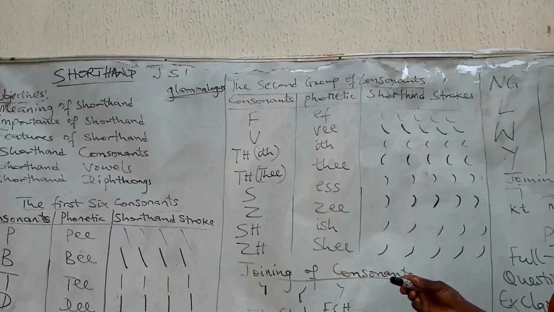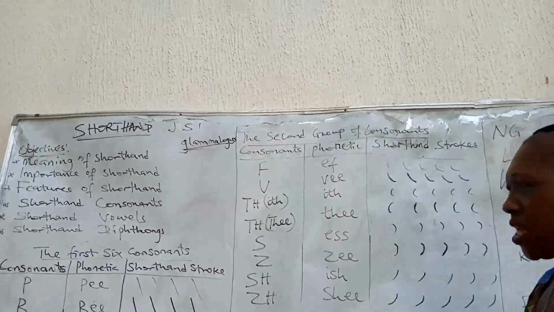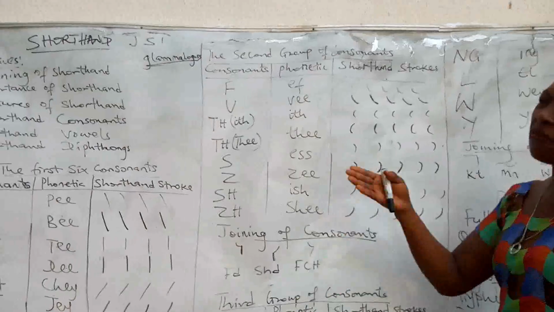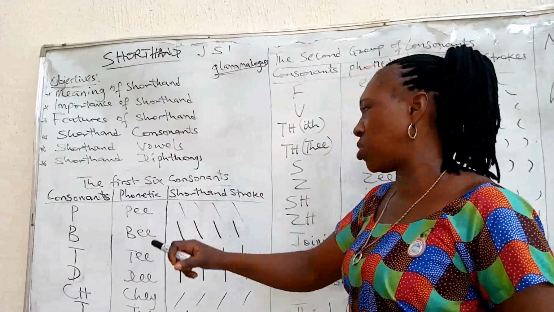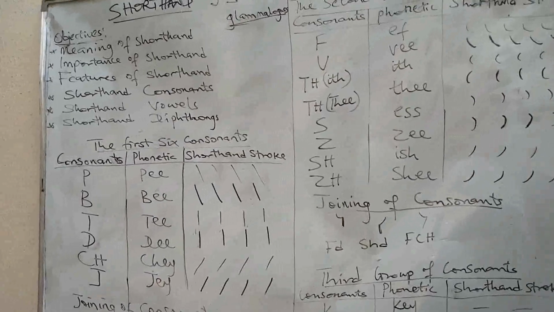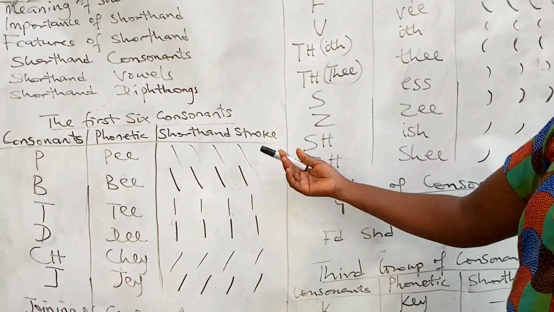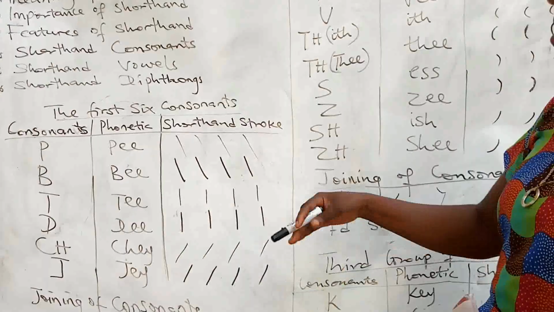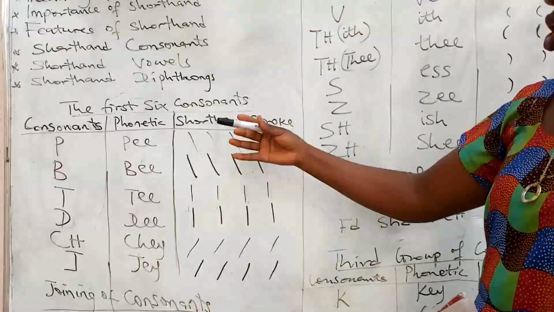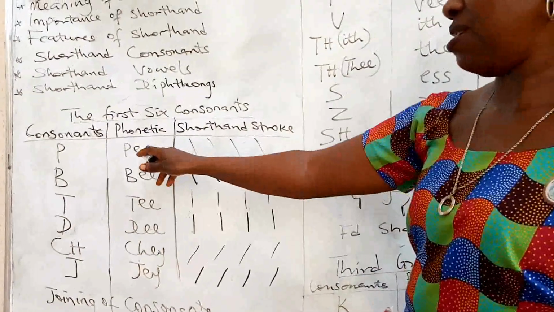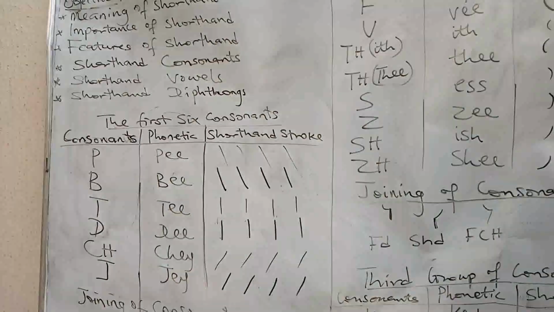Having known these features, we want to enter in detail into shorthand consonants. Shorthand consonants are divided into three. We have the first six consonants. In these first six consonants, you can see that they are in pairs, and those in pairs can be differentiated by the heaviness and lightness of the stroke. When you look at the phonetic sound P, it has a light stroke.